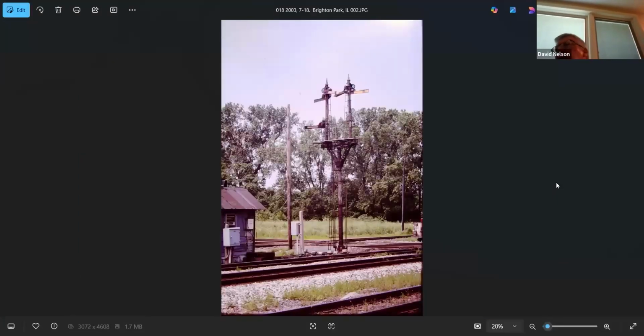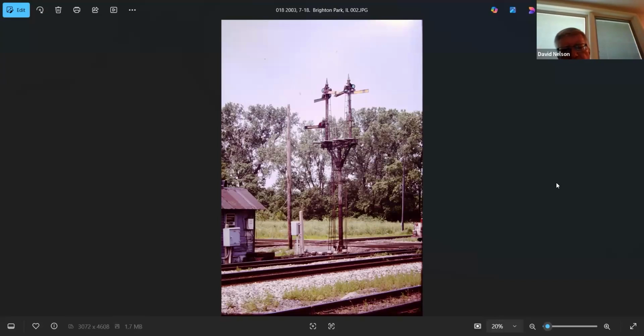Still another junction that retained a very archaic practice is Brighton Park in the Chicago area, not too far from the Indiana border. And of course, these are semaphores, and that's not the archaic part, actually. The archaic part is that they were manually operated.